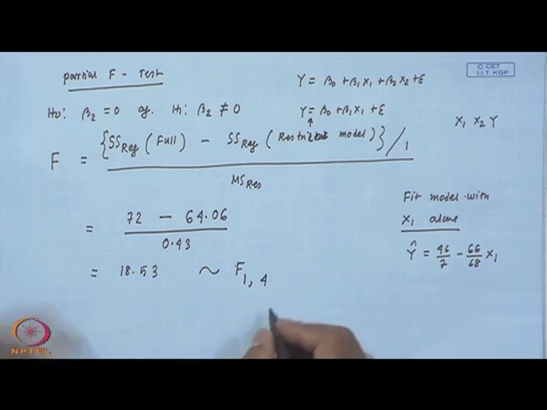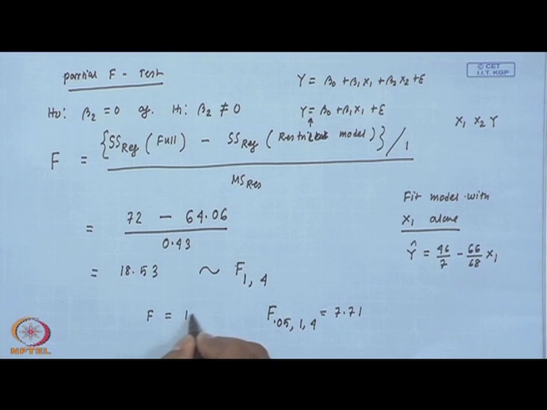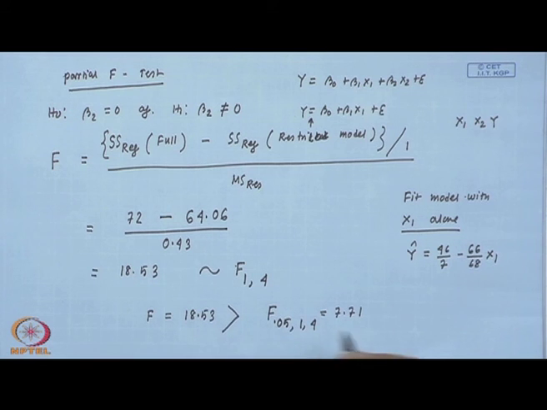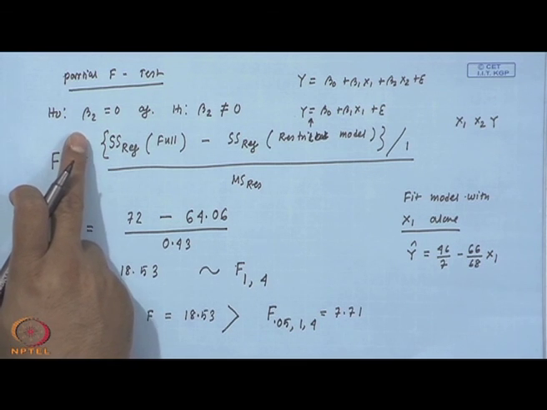Now, you find the tabulated value of F 0.05, 1, 4, that is equal to 7.71, and you have the observed value F, that is 18.53. So, this test says that yes, beta 2 is significant.